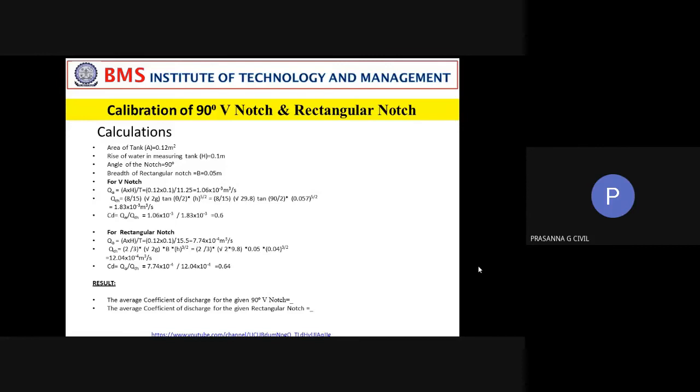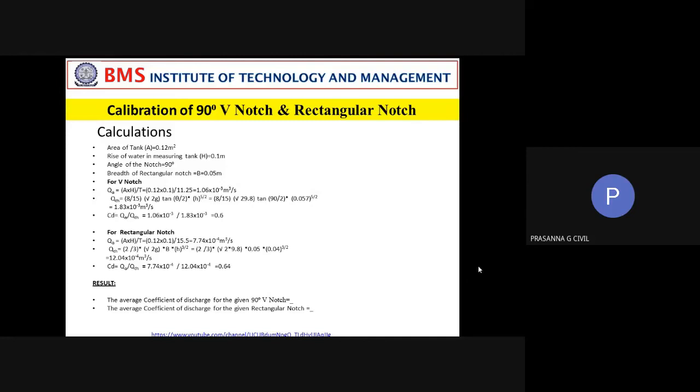By substituting the value of Q actual = A × H / T, the value obtained was 1.06 × 10^-3 cubic meter per second, and the Q theoretical value was obtained as 1.83 × 10^-3. CD worked out as 0.6.